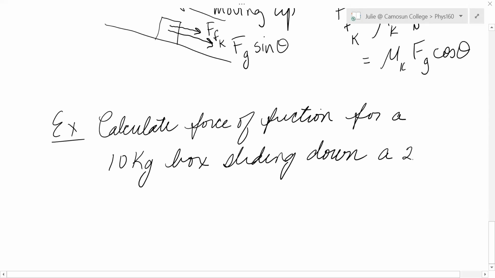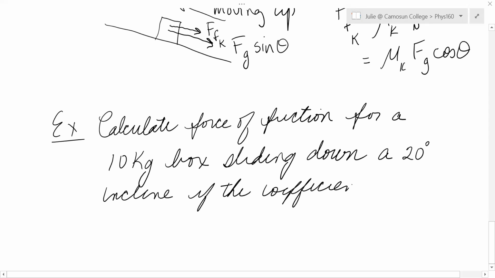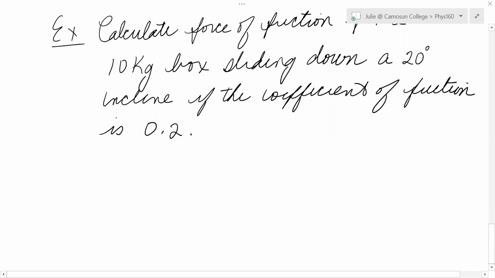So a 20-degree incline is still a pretty steep incline. If the coefficient of friction is, let's say, 0.2, so whatever the surfaces are, it's 0.2. Okay, so let's do this. So we'll draw our box. This will be 20 degrees.